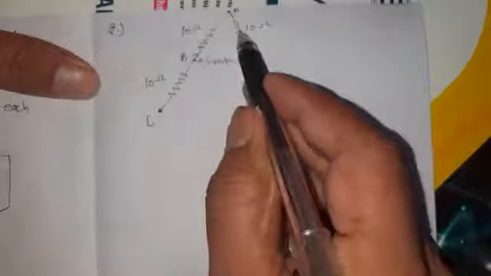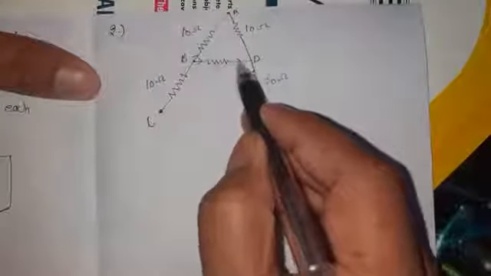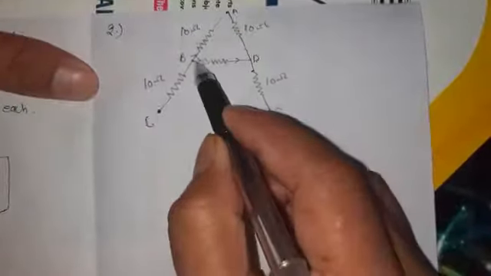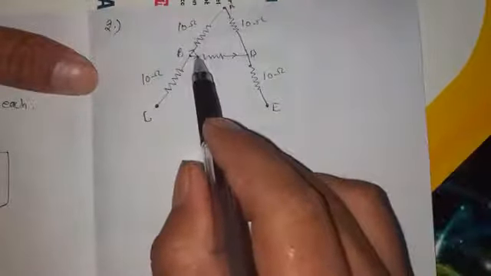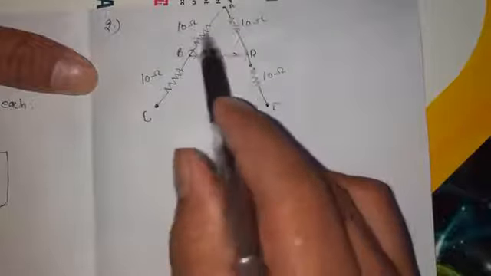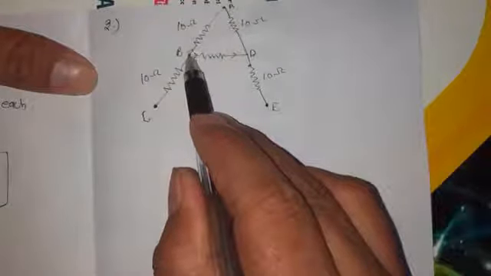One path goes along A to D, and the second path goes directly to D. So at point B there are two paths, and they are in parallel to each other. But the path from B to A and then D is a single path in which two resistors are used.